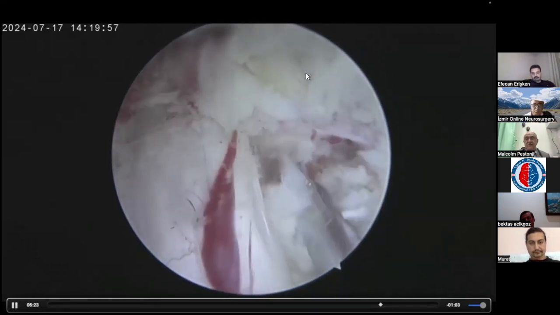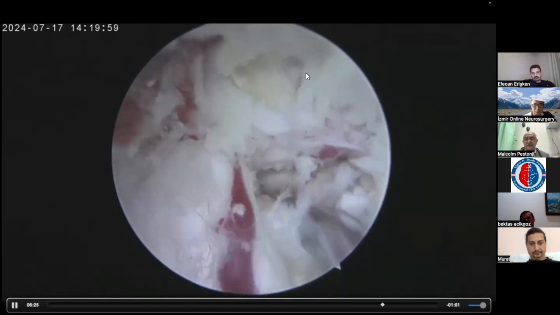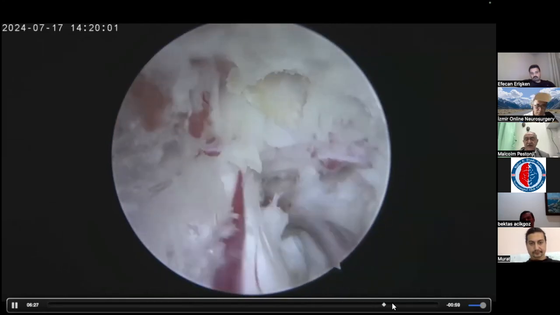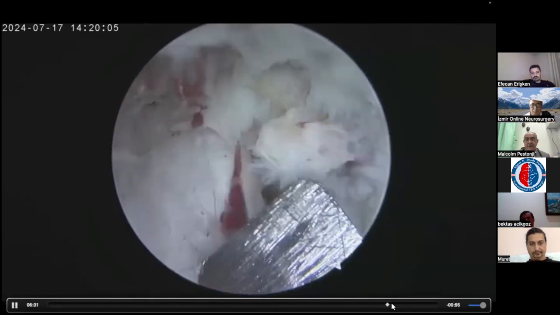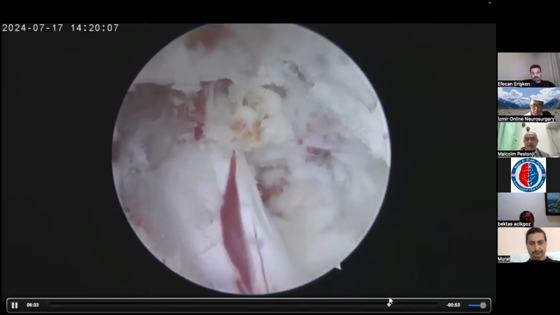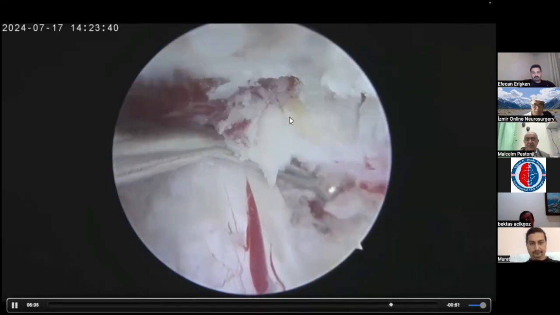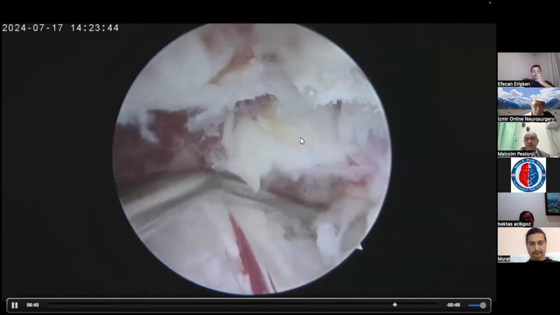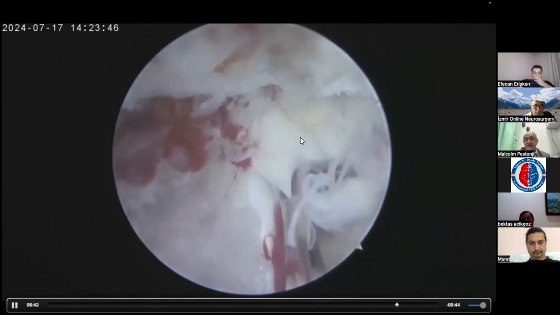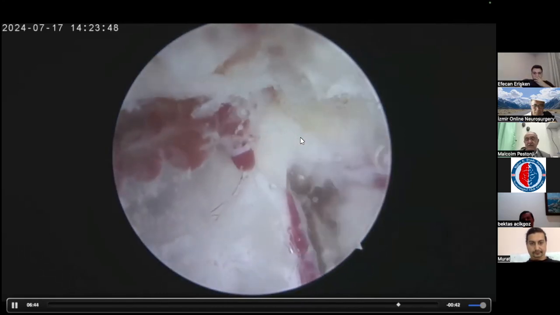So now I have to clear up this muck which I've created. That one piece came out. Can you see this piece here floating up? Now I'm using again that same 120-degree hook. I was calling it 60. It's 120.